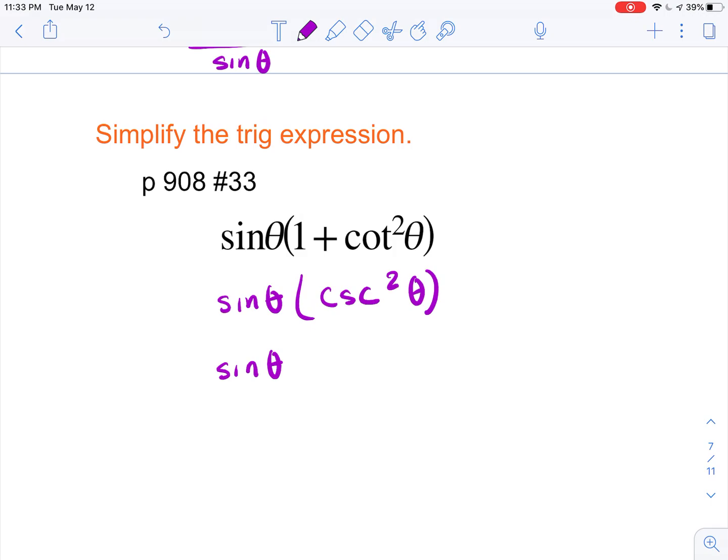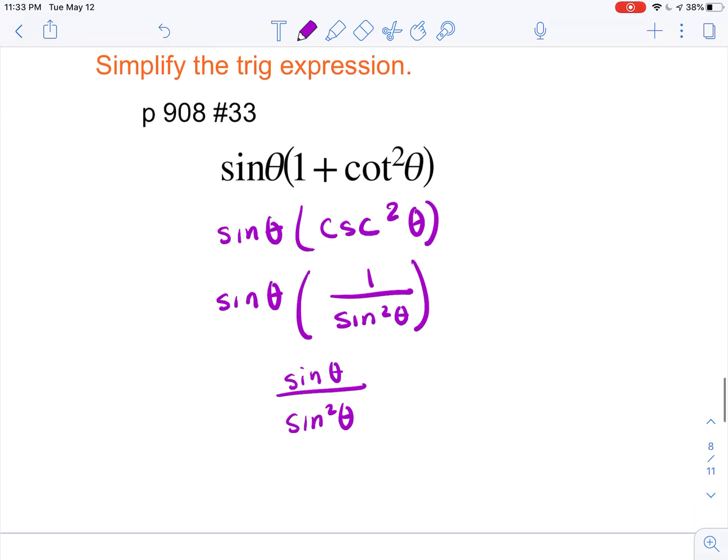Are there any other simplifications I can do? Well, once I've simplified these addition and subtractions, I want to turn it into sines and cosines. So cosecant squared theta is the same as 1 over sine squared theta. Now this is a multiplication. Are there any other simplifications I can do here? Well, we have 1 sine in my numerator and 2 sines in my denominator.